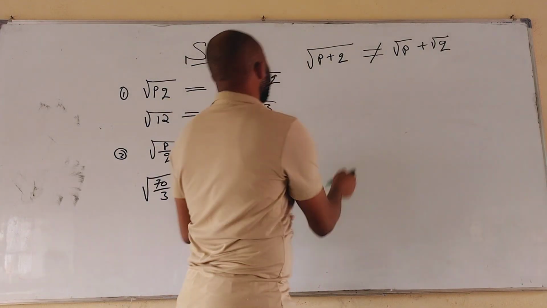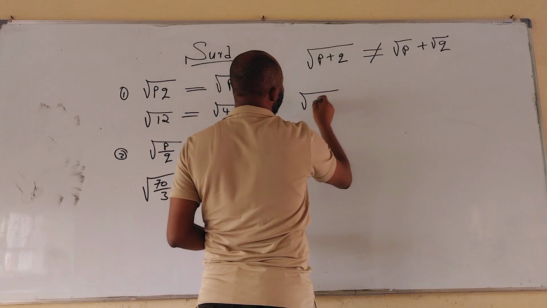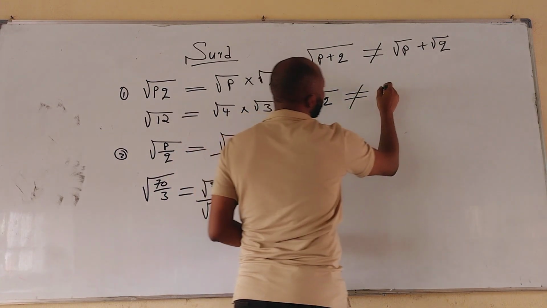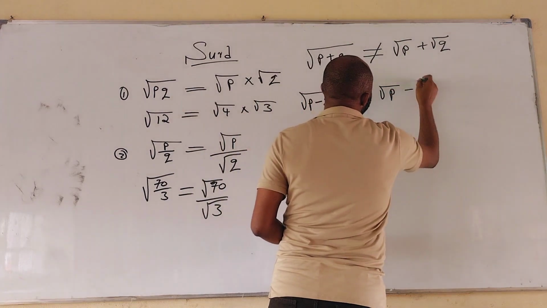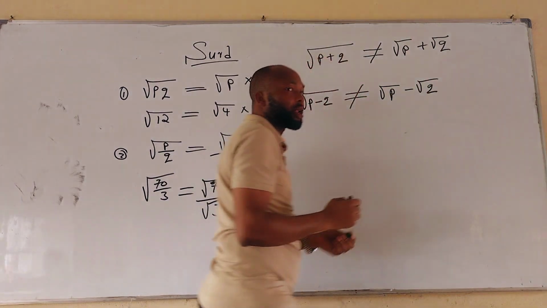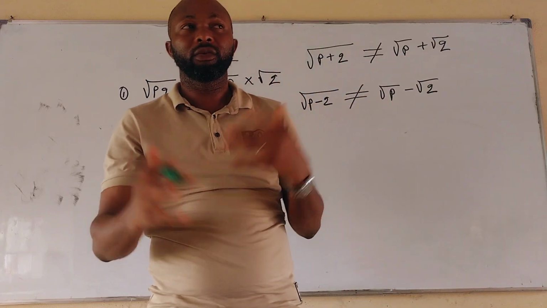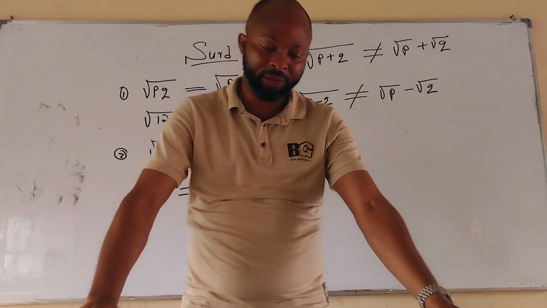And the fourth rule, which is the subtraction rule: the root of P minus Q is not equal to the root of P minus the root of Q. It is not. You're going to see why it is not when we proceed with the exercises.